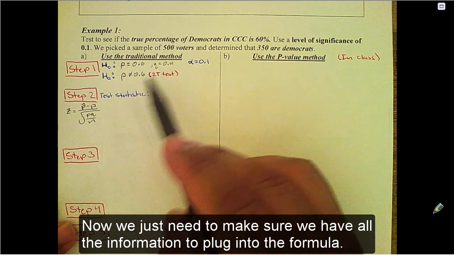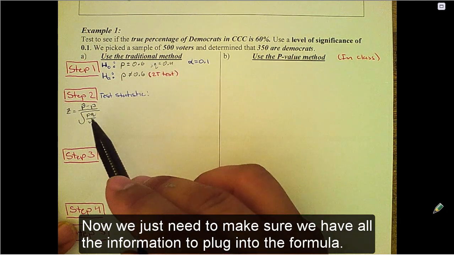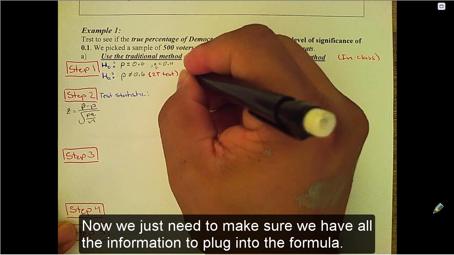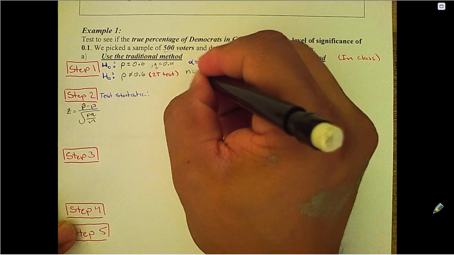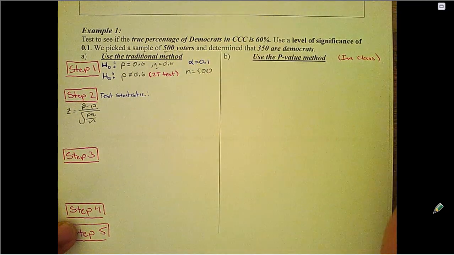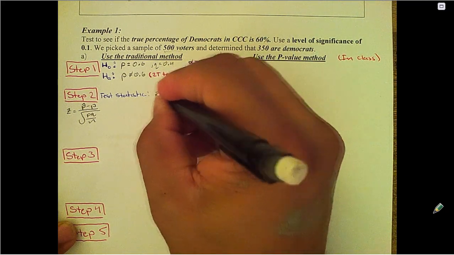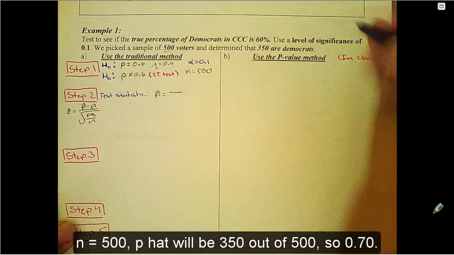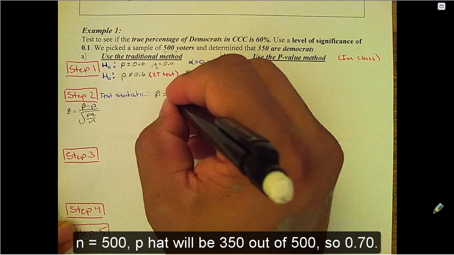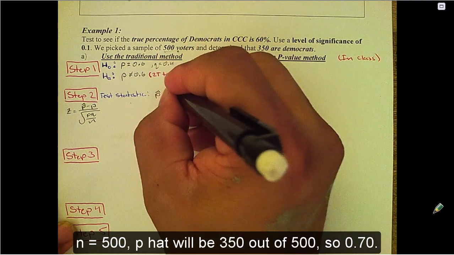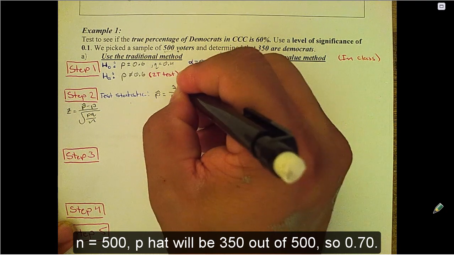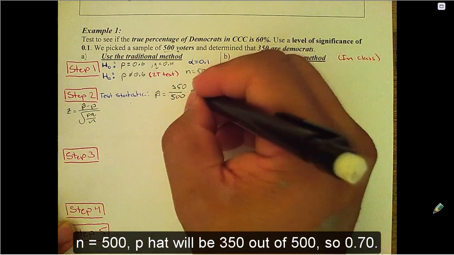Now we just need to make sure we have all the information to plug into the formula. N equals 500. P hat will be 350 out of 500, so 0.70.